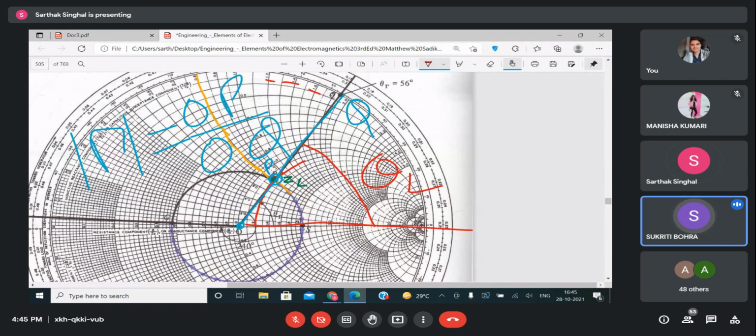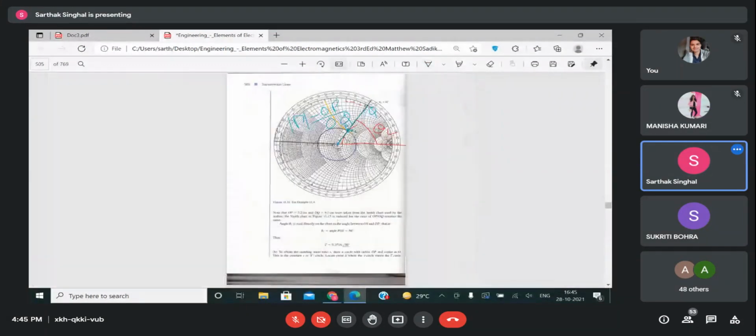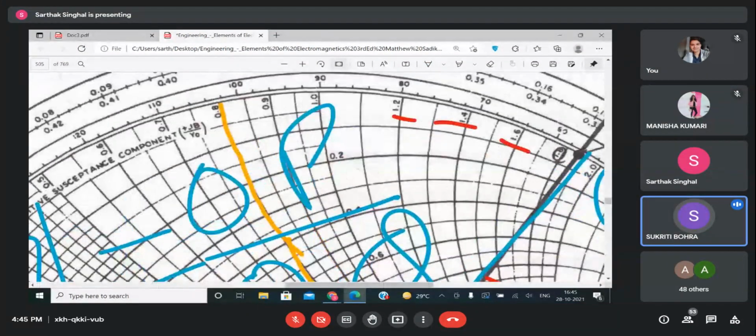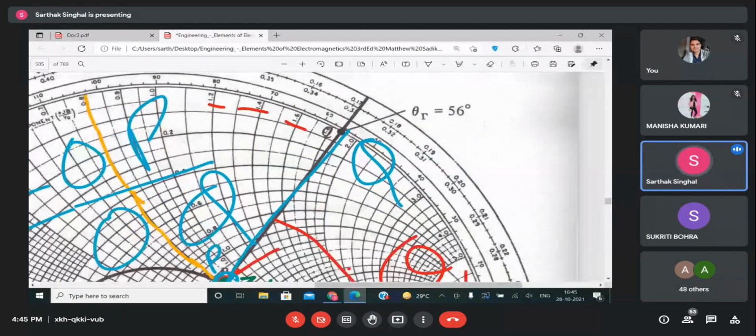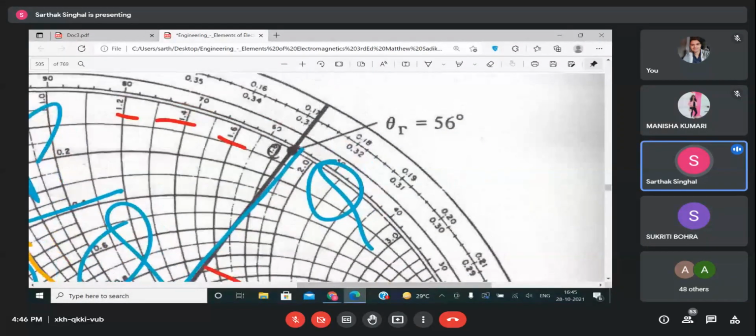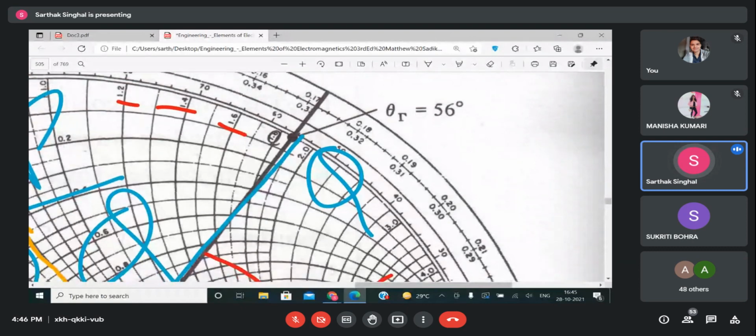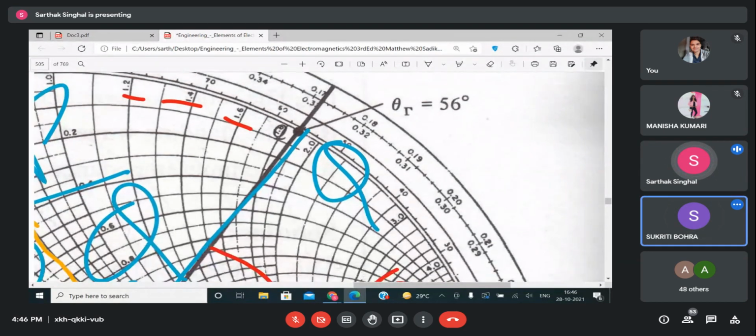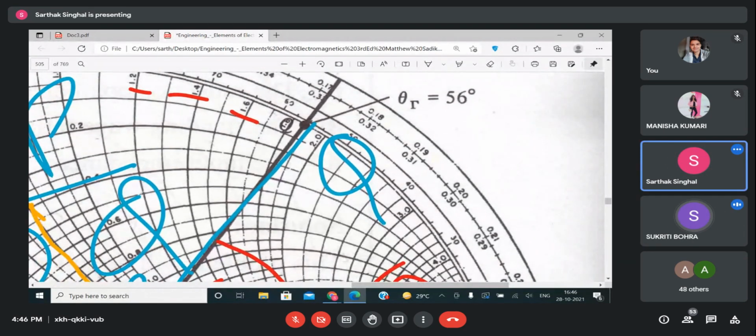So this theta needs to be measured using a protractor? No, you can measure it from the chart itself. See what is given here: these 60, 70, 80 values are the angle values.